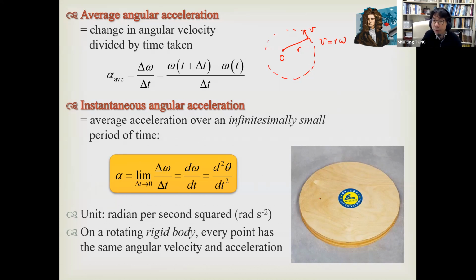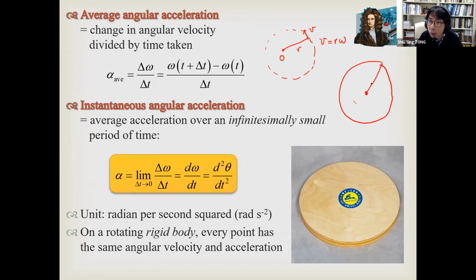Now we consider we have a rigid body like this. We have a circular disc, for example. This is the center of the disc, and the whole disc is now revolving around the center. Now we consider different points along the radius. At the center of the disc, of course, the linear velocity is 0, right? Because it's a point with no dimension, only rotating, so there is no velocity.